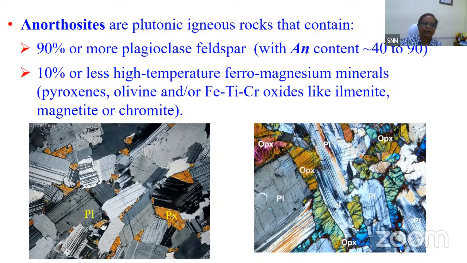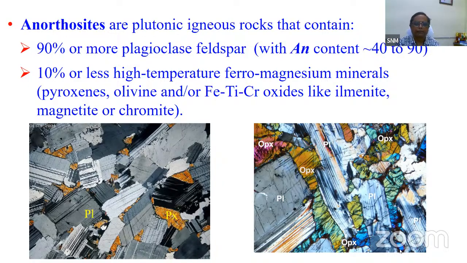Moreover, the calcium content of the plagioclases, which we call anorthite content, ranges from about 40 to 90%. The rest, less than 10%, are mainly high temperature ferromagnesian mineral phases, like pyroxene, olivine, and Fe-Ti oxides, like ilmenite, magnetite, chromite.